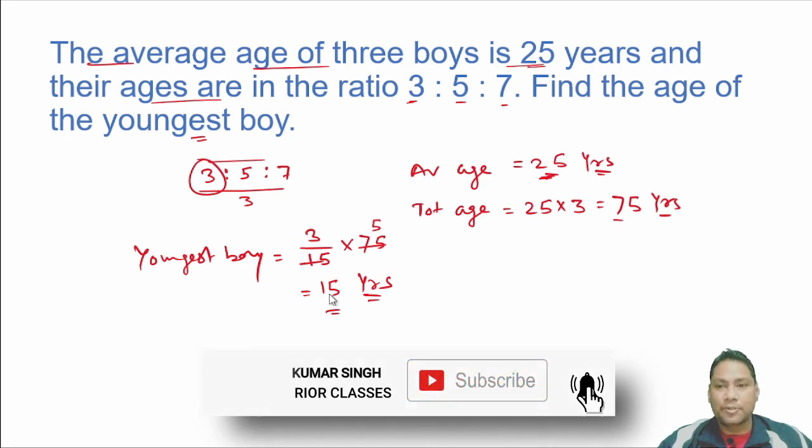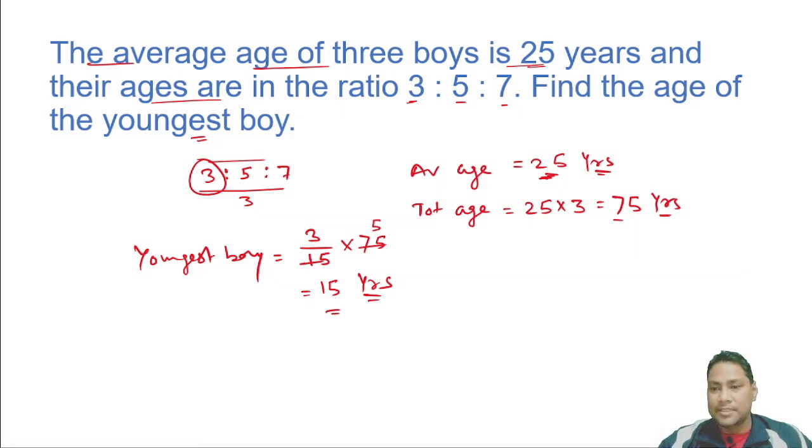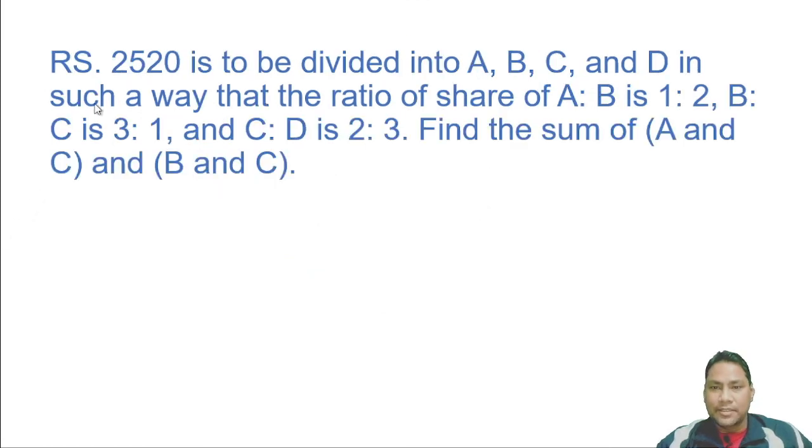And now let us do some more questions. In the next question they have given rupees 2520 to be divided into A, B, C and D in such a way that the ratio of shares is A to B is 1:2, B to C is 3:1, C to D is 2:3.